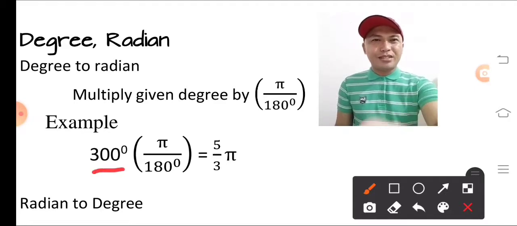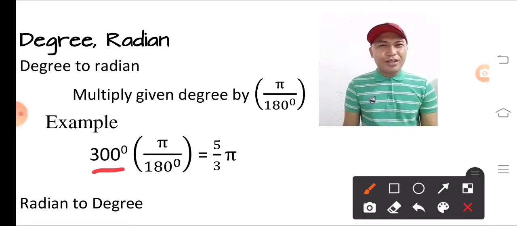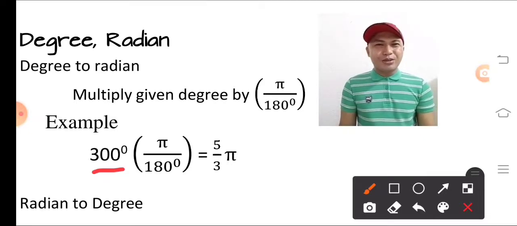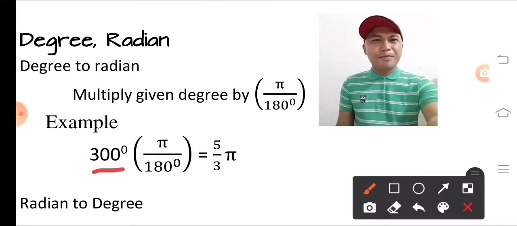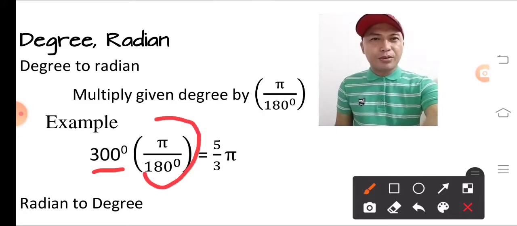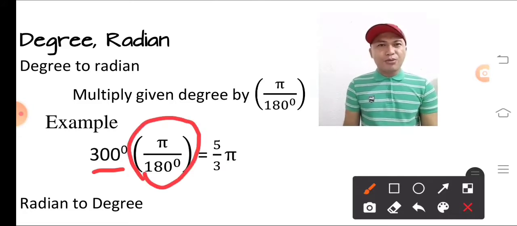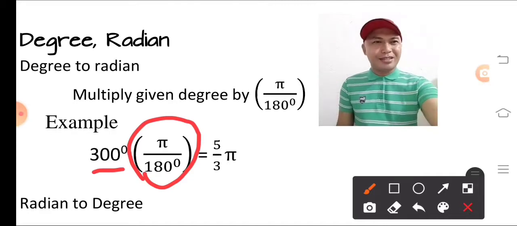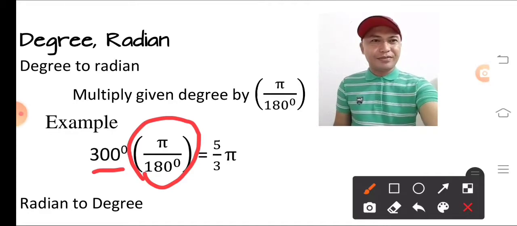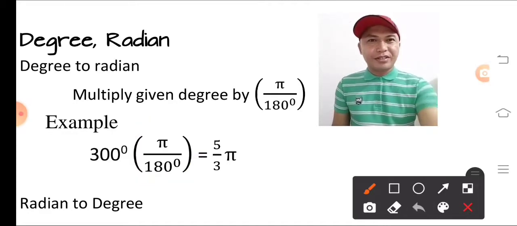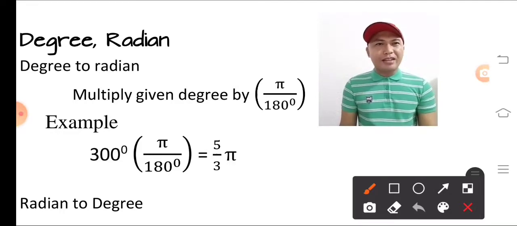Example, in our given, we have 300 degrees. So if you're going to write 300 degrees into radians, you have to multiply it by pi over 180 degrees. It will add convenience if you eliminate zeros.